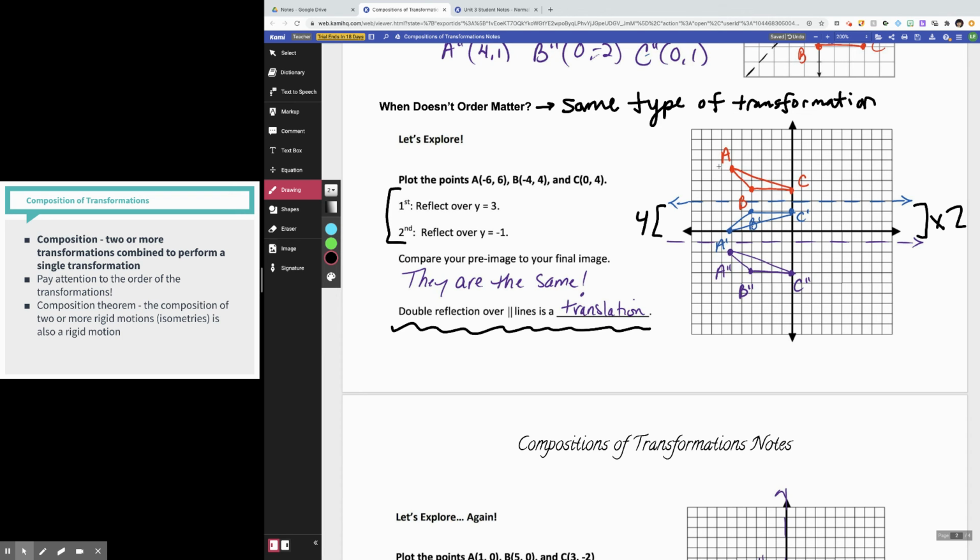And if you notice, if you track, say, from this red point C down to this purple double prime point C, there's 8 spaces between those points. 1, 2, 3, 4, 5, 6, 7, and 8. Double the distance between the reflection lines.